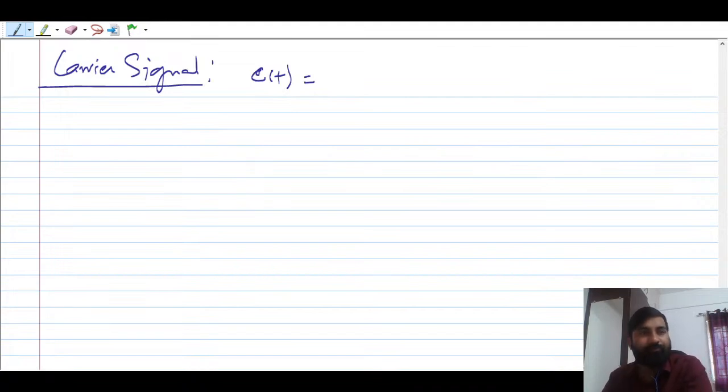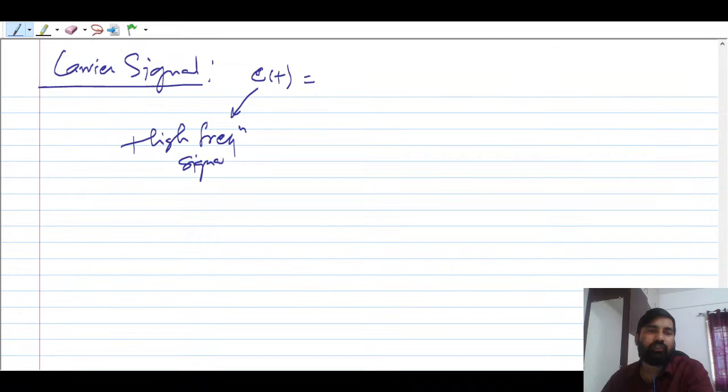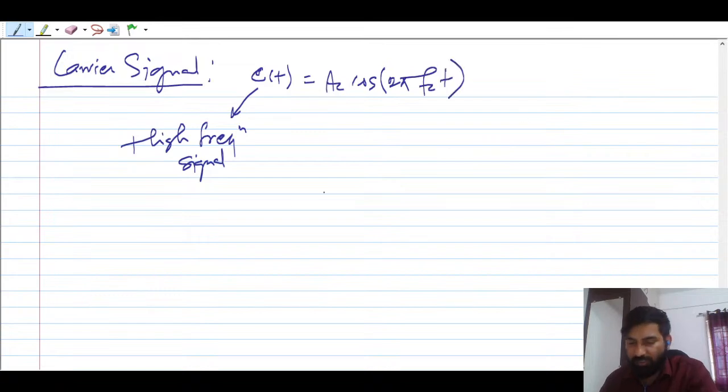Carrier signal means a high frequency signal. You can denote this by Ac cos(2 pi fc t). This is nothing but a carrier signal. Or you can also write this as Ac cos(omega c t), where omega c is 2 pi fc.